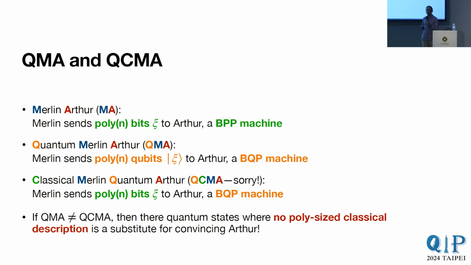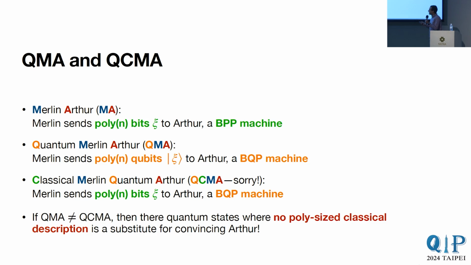Merlin is an untrusted but all-powerful prover who can send him a polynomial number of classical bits, and then Arthur can do some computation on those bits and decide whether to accept or reject. This is a proof system, so if the answer to the input is yes, then there's something Merlin can tell you that will cause you to say yes with high probability, and if not, then for anything he tells you, you'll reject with high probability.